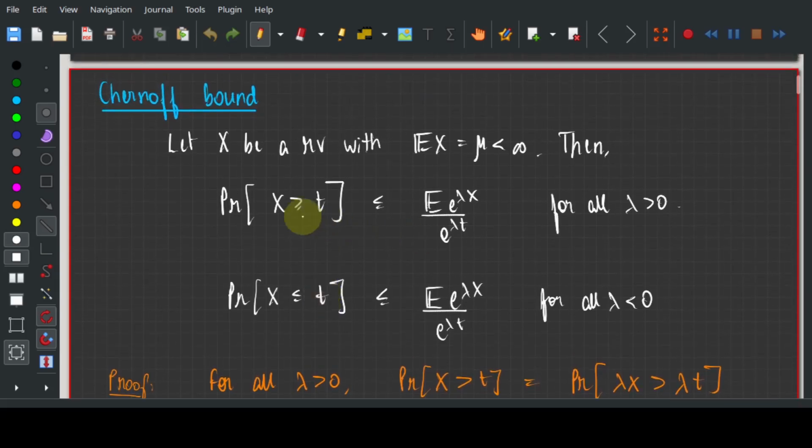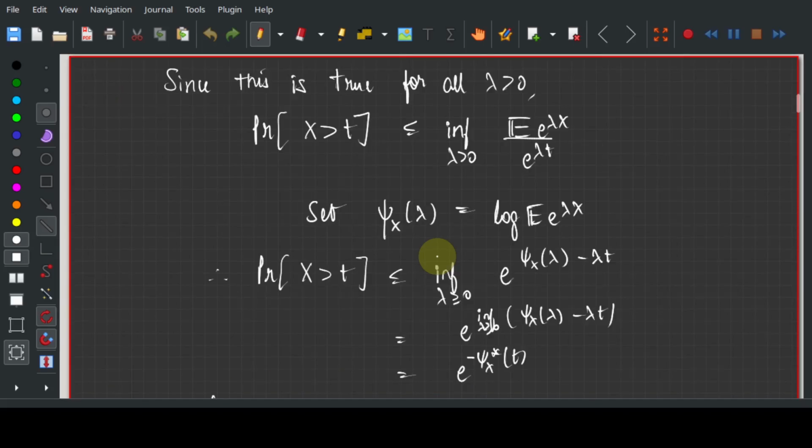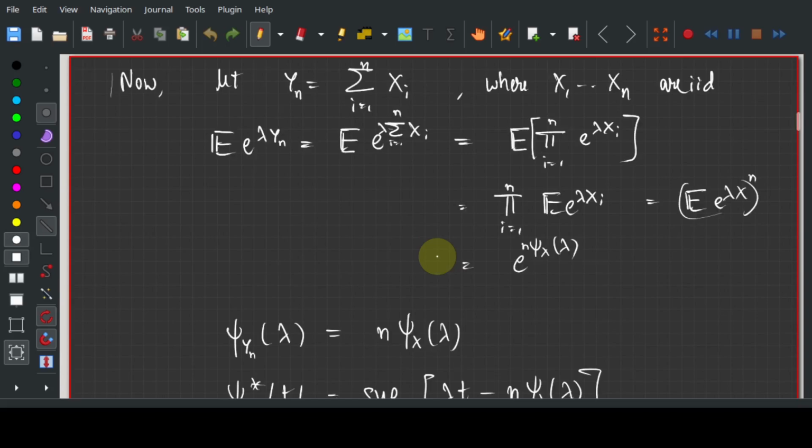So the Chernoff bound in itself is pretty hard to compute in general, right? Because it in fact gives us a family of bounds, but then you can optimize over the lambda over here to get the best possible tail bound. And we evaluated this for some random variables, particularly the Gaussian and the Bernoulli random variables.